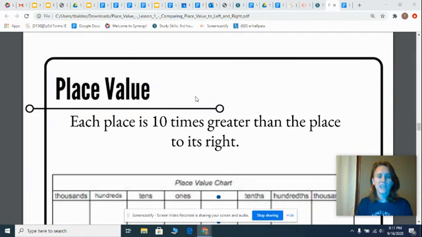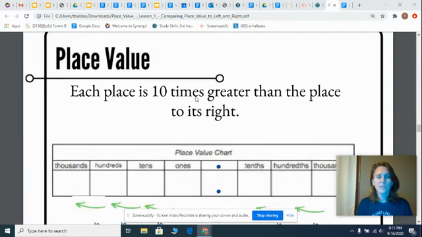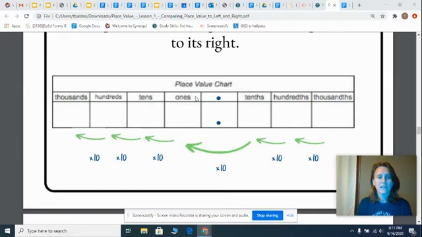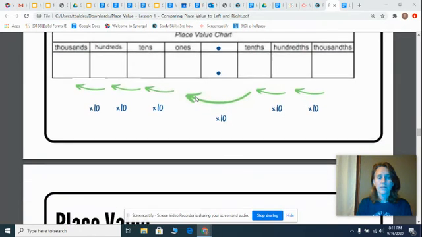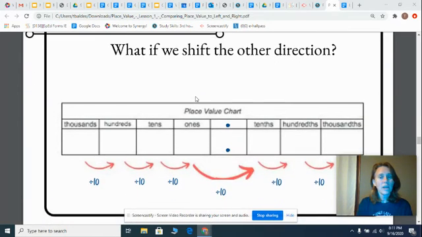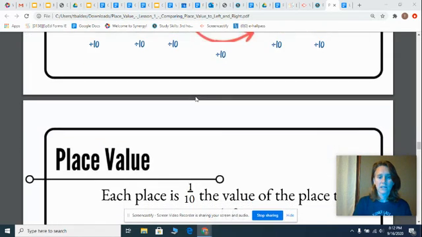Each place value is 10 times greater than the place value to its right. What if we shift in the other direction? Then each place value is worth 1/10, or divided by 10, of the one to its left.